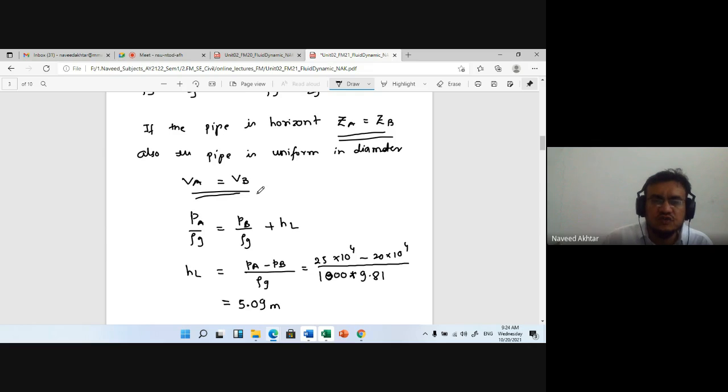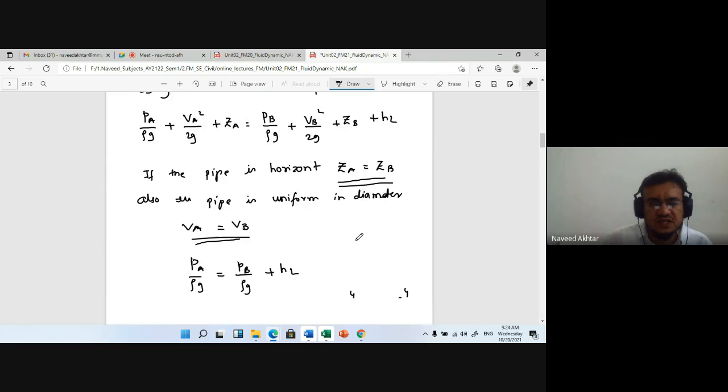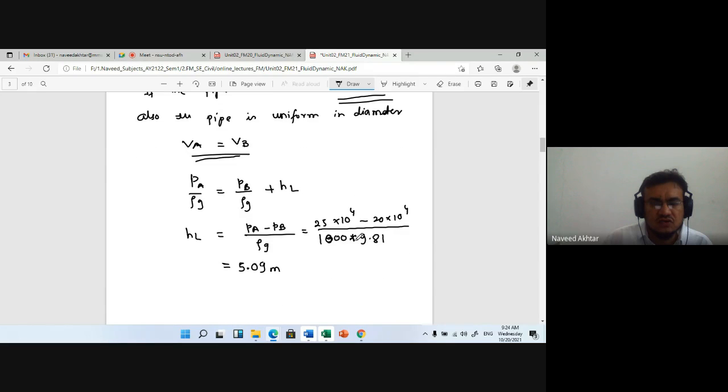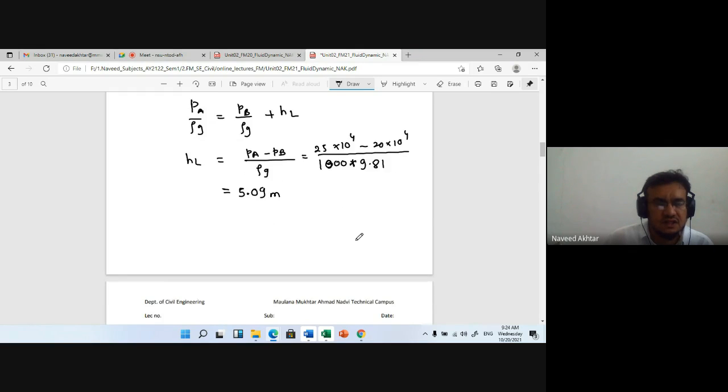Because VA is equal to VB, ZA is equal to ZB, because the pipe is horizontal, and the flow through the pipe has a uniform diameter. There is no change in velocity. That's why ZA is equal to ZB and VA is equal to VB. So head loss is nothing but the pressure head difference.